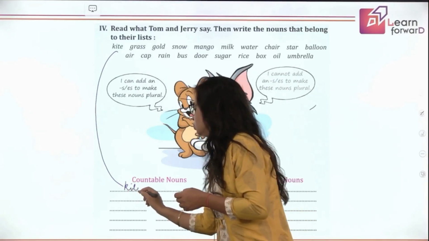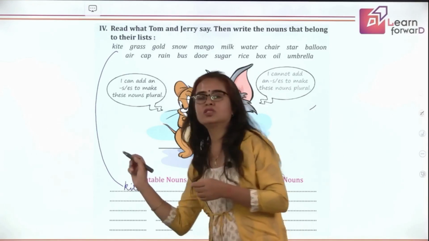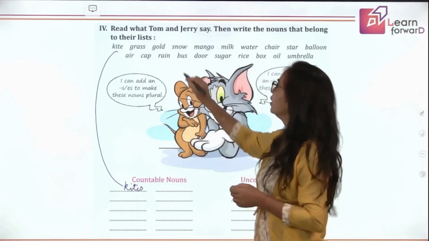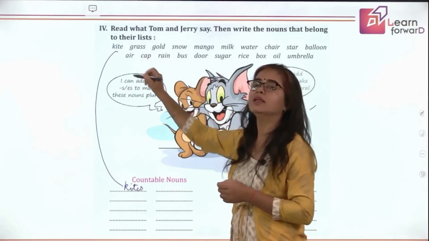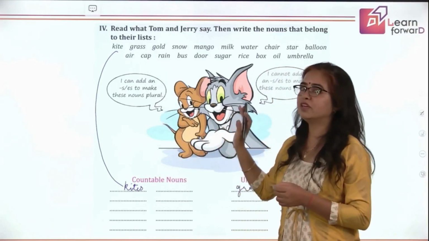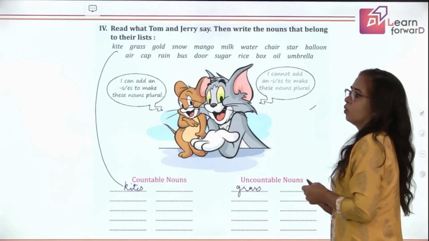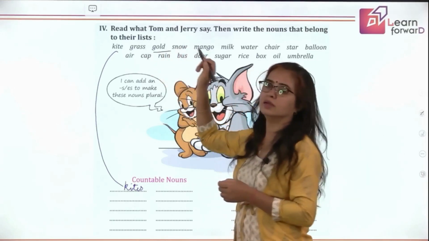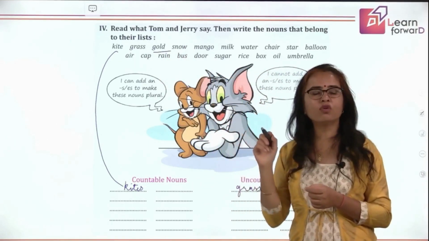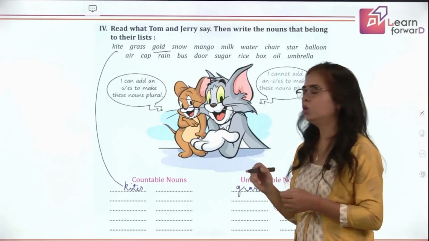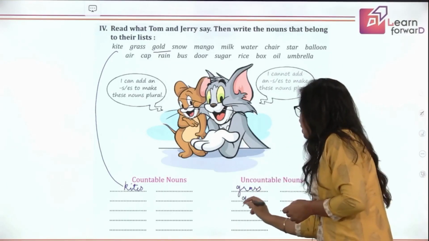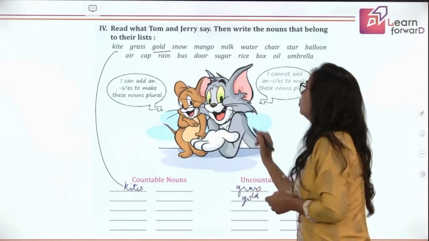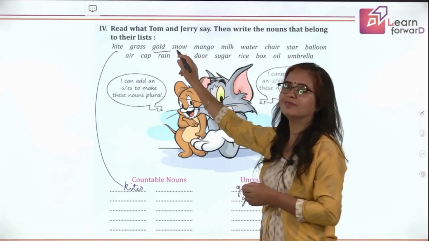Remember this rule to find whether the nouns are countable or uncountable. If singular plural is possible, then it is countable. If it is not possible, then it is uncountable. Okay. Now, gold. Have you heard of golds? No? So this is again uncountable. Snow.